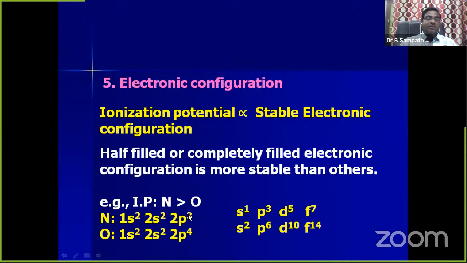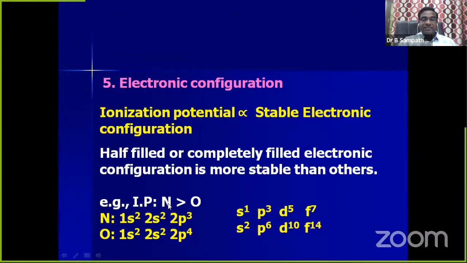That's why it is more stable compared to oxygen 2p4, which is not half filled or completely filled. Therefore, this is not a stable electronic configuration, and less energy is enough to remove this electron from oxygen. Therefore, oxygen has a lower IP value than nitrogen.